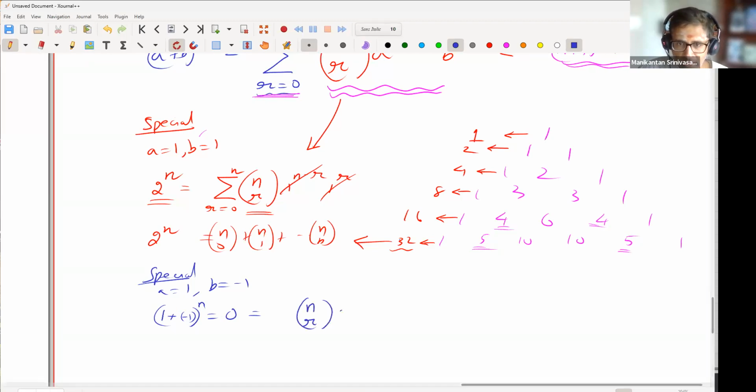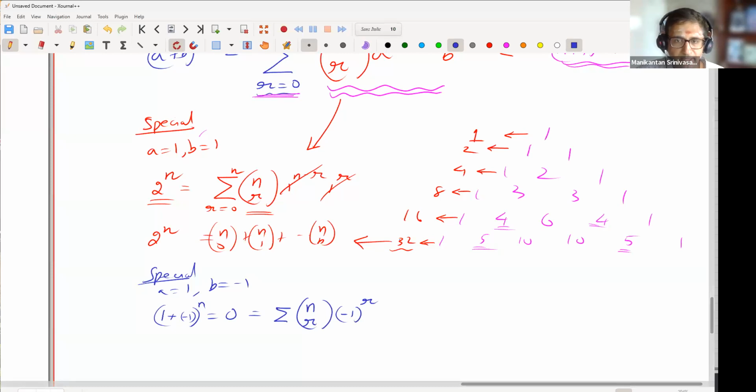One of them will be 1 power something, which will always be 1. The other will be minus 1 power something, which will alternate between plus and minus. So I can write this as the summation of n choose r times minus 1 power r. The 1 power n minus r is anyway 1.